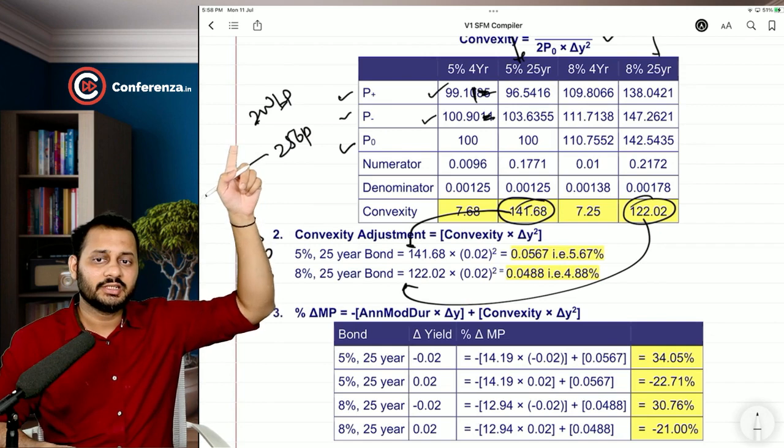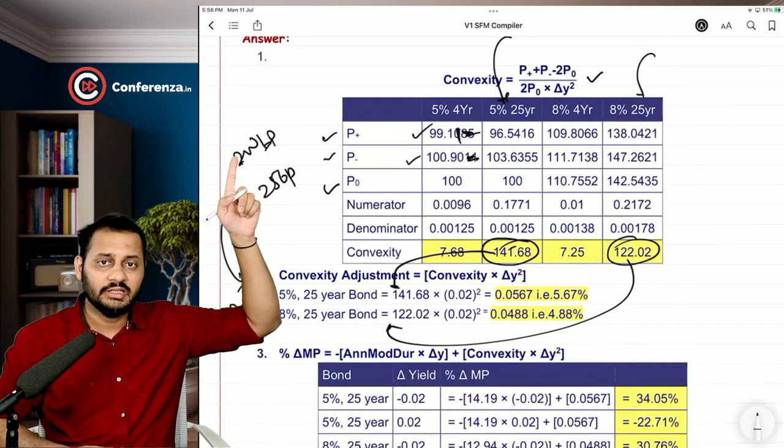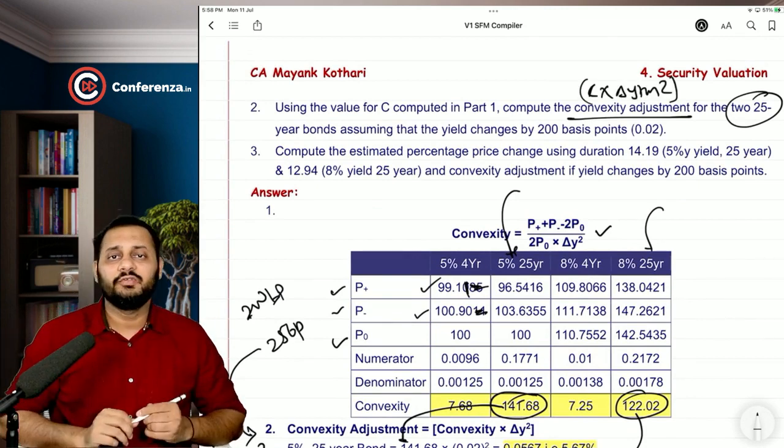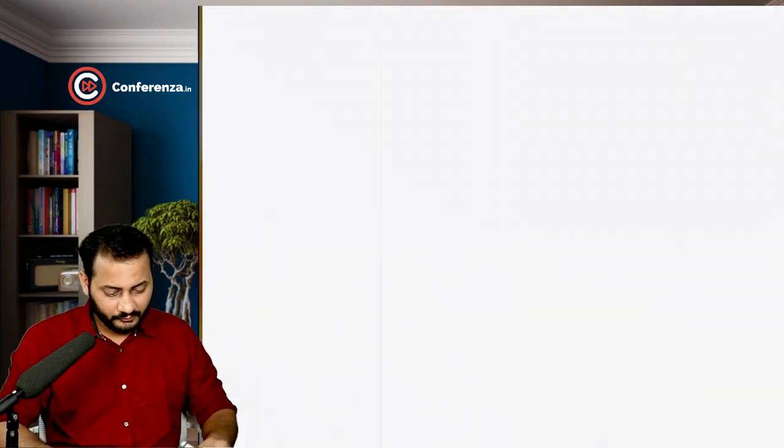And then the question is asking what will be the change in market price if the YTM changes by 2%. So convexity adjustment is very simple: convexity into change in YTM squared. The second equation of change in market price. I will show you.